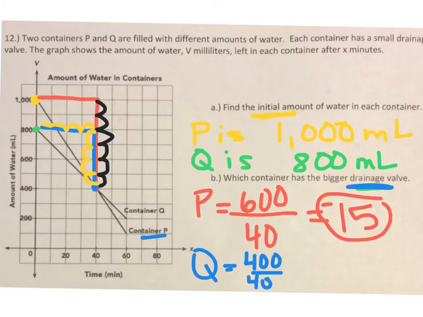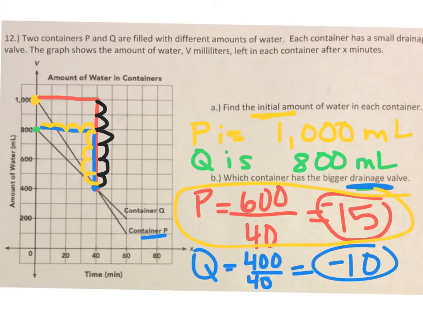And that simplifies to a negative 10. So which one has the biggest drainage valve? If I compare the slopes, the steeper one is going to be P. I could also have checked the steepness of the line, but it's good to have a mathematical justification to your answer.